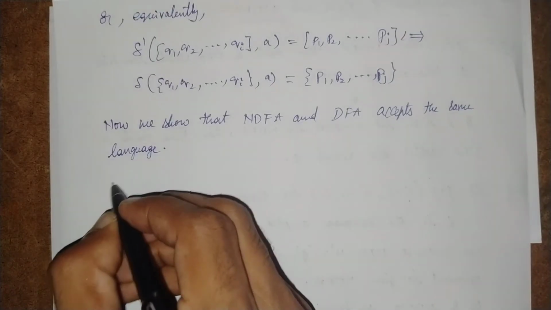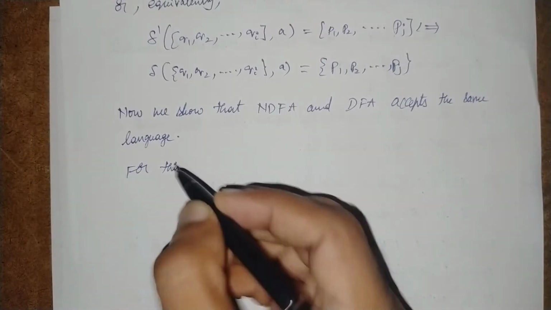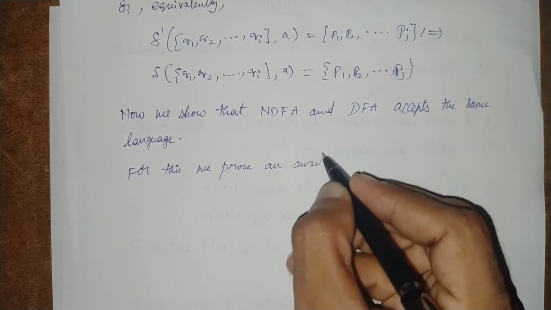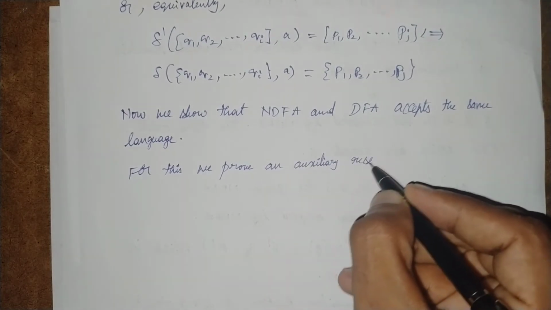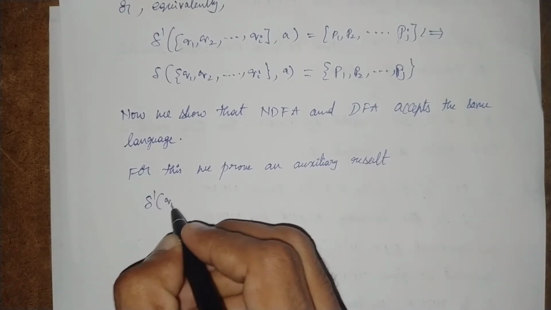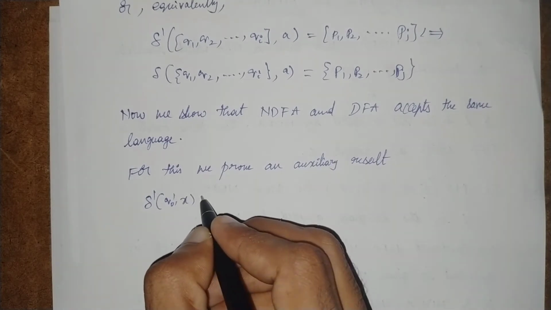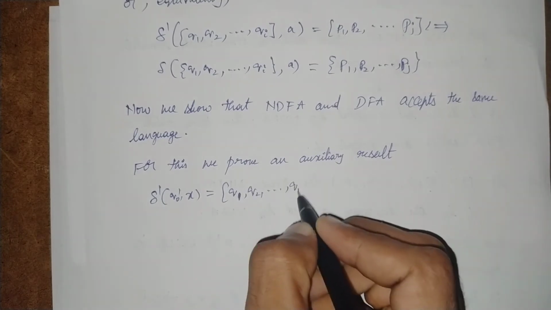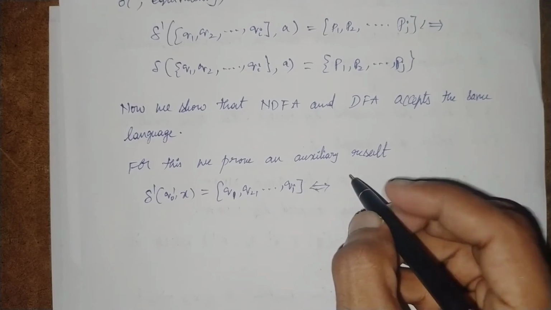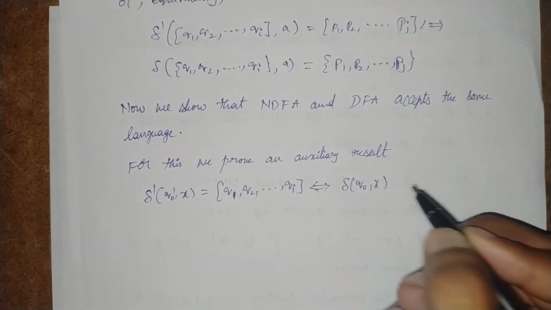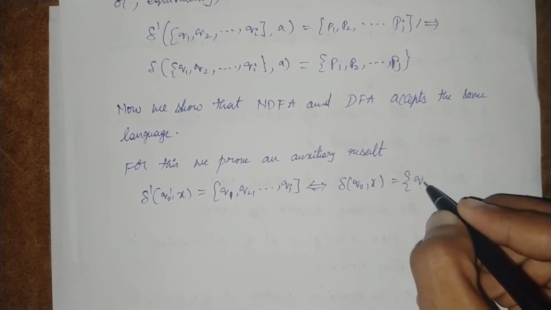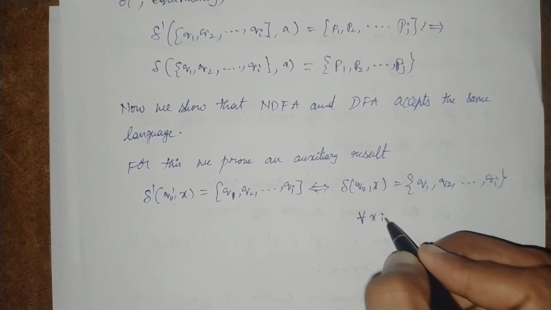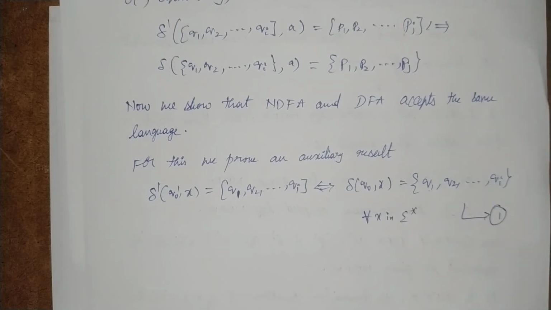So for this we prove an auxiliary result: delta dash of Q naught dash, x is equal to Q1, Q2, so on, Qi, if and only if delta of Q naught comma x is equal to Q1, Q2, so on, Qi, for all x in sigma star, which is equation number 1.